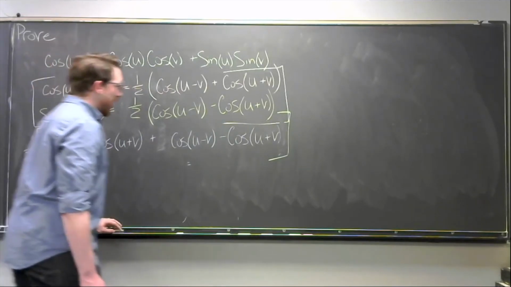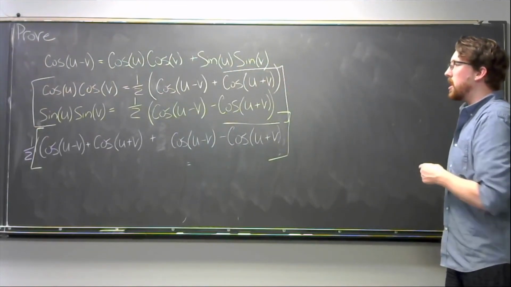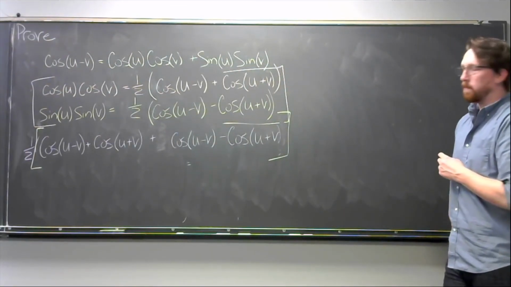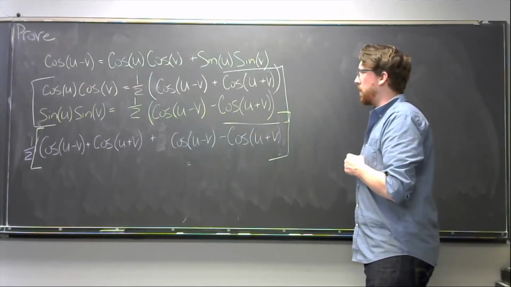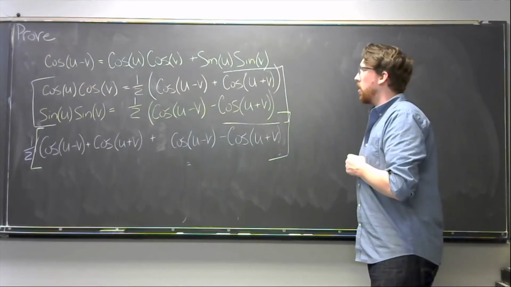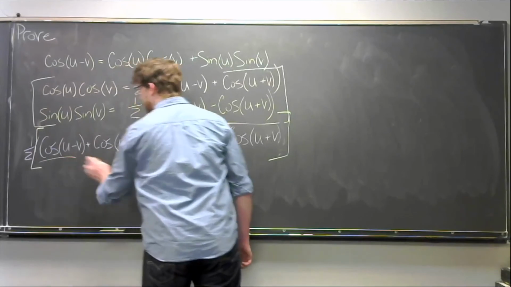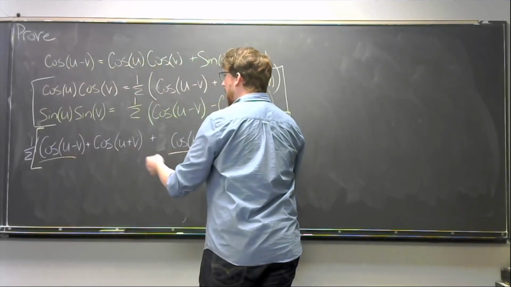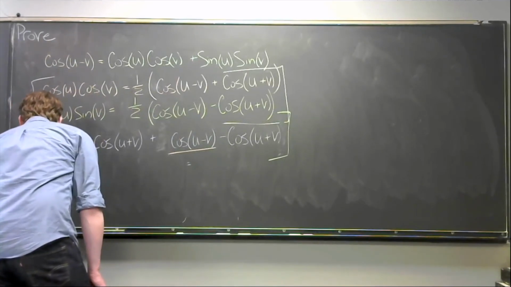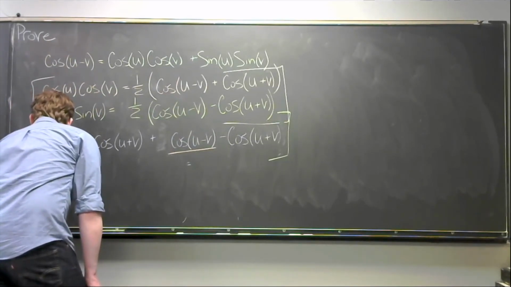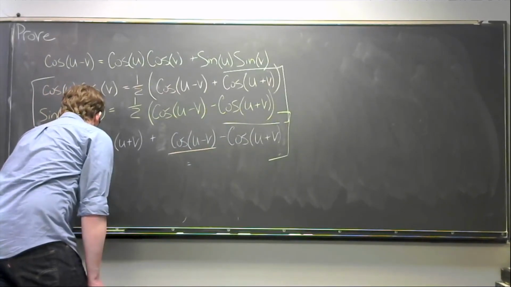So what we have now are all these cosines being added and subtracted together. So let's group like cosines now. Well, the first two we see that are alike would be these two. They're added together, so we're going to have 1/2 times 2 cosine u minus v.